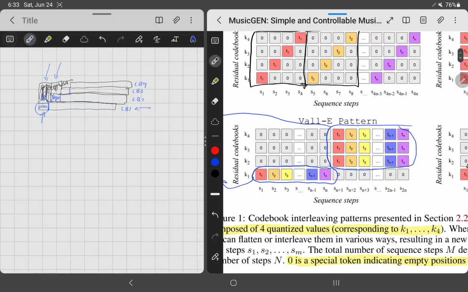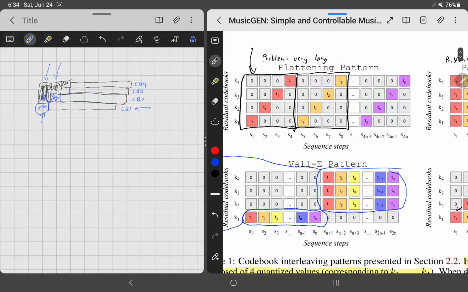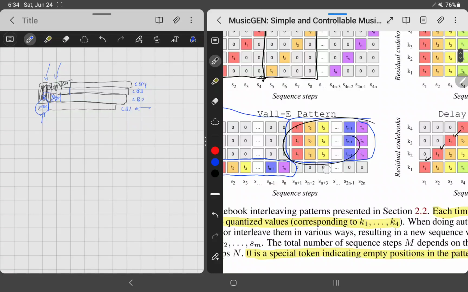The delay pattern is thinking, well, the first codebook is the most important, right? And if the first codebook is most important, then why don't we just generate every entry of the first codebook independently, but since it's slow to do this strategy up here, why don't we just generate the other codebook entries together.